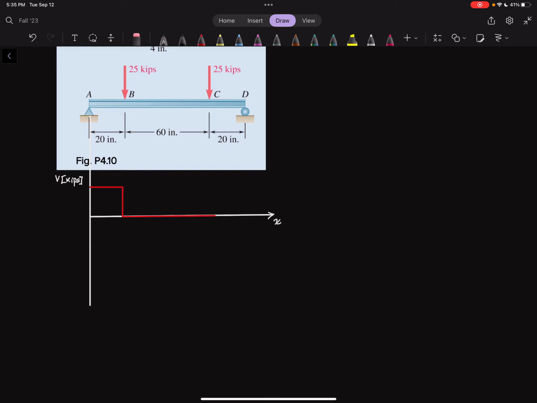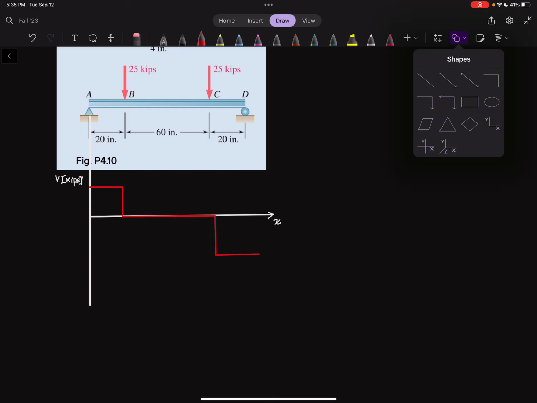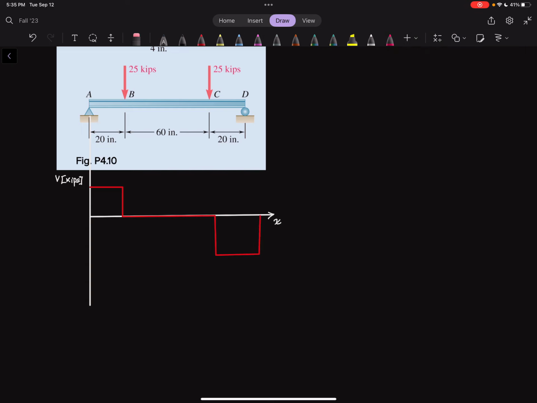So then we're going to have a negative shear right here, and right here, and back to 0. Right. So this is going to be what? Well, this is going to be 25 kips, and this is going to be negative 25 kips.